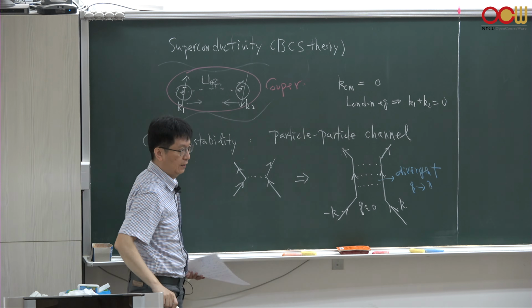Okay, and the most important phenomenology of the superconductors is the Meissner effect, right? So in the superconducting state, the system is a perfect diamagnet because the magnetic flux cannot penetrate into this superconductor. There is a repulsion of the external magnetic flux that you insert when this material is in the superconducting state, and this is called the Meissner effect.